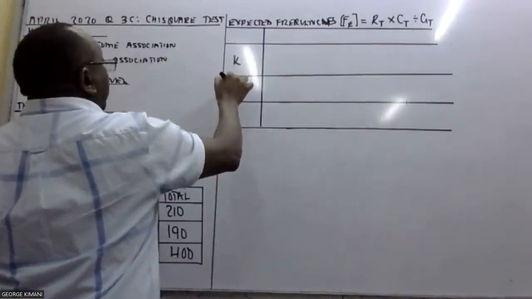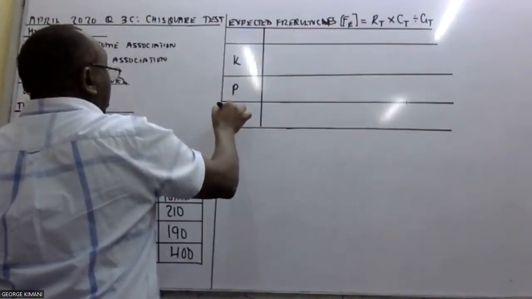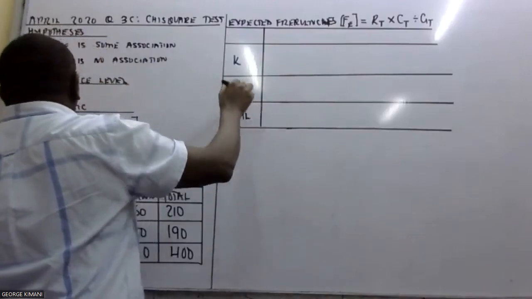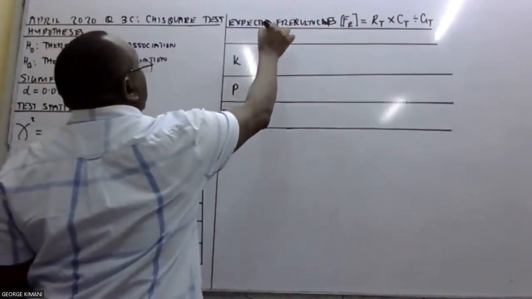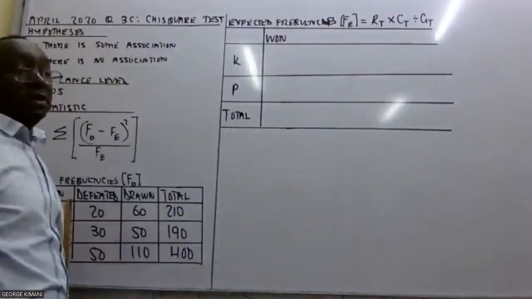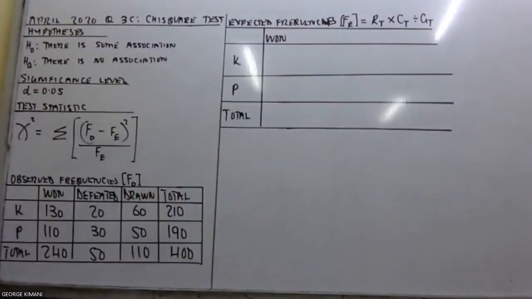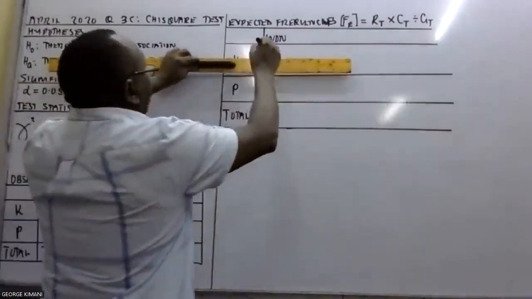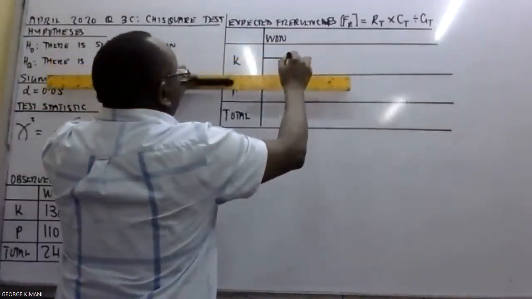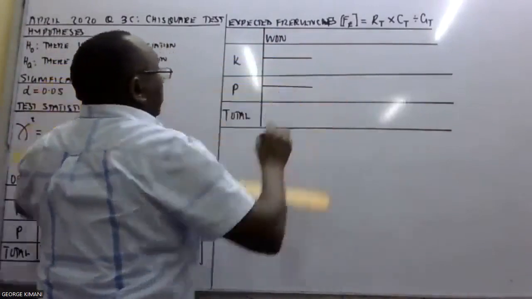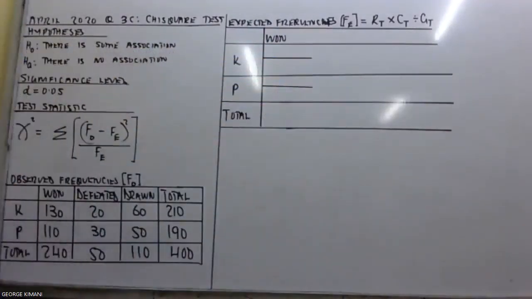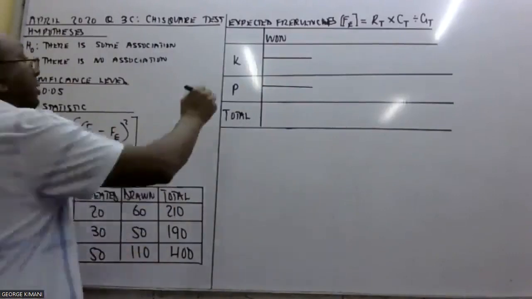So we have K here, we have P, and we have total. So I think we shall be dividing the columns as we do the workings. Like now for the first one here, this is how it will be. Kuja hapa, naangalia the row total. The row total is 210.